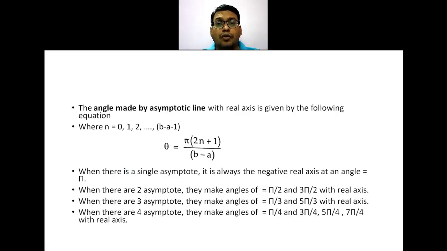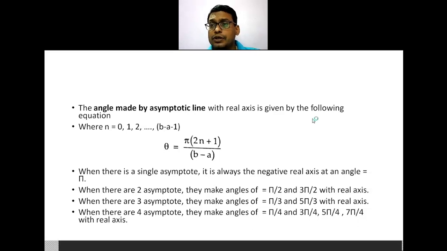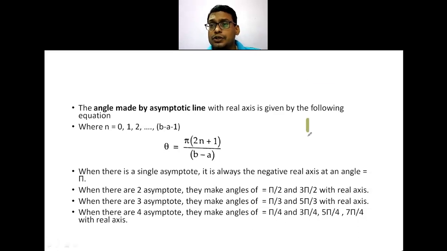Then at what angle will these asymptotic lines be formed? I have told you that these asymptotic lines are generally shown with dotted lines.